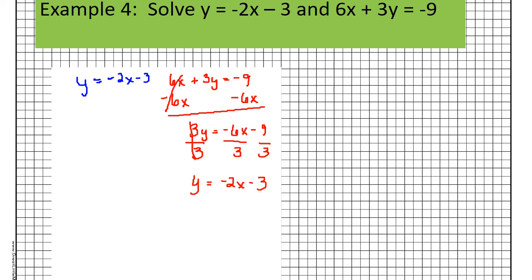Now, looking at our previous equation, I see that they are the same. So you don't necessarily have to graph them because you see that they're the same. You know that your answer is going to be infinite solutions. They are the exact same line.